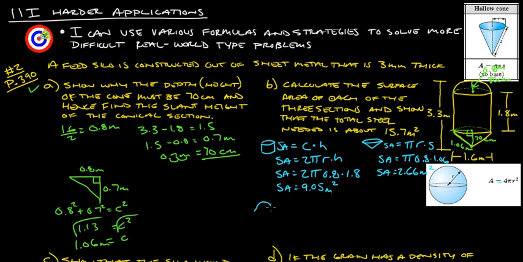Since the half sphere is only half of that, let's do half of 4 times pi times the radius squared.